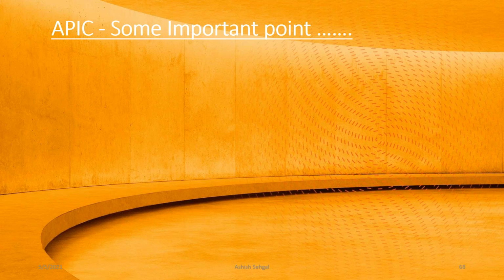Absolutely. And all these images are installed in the controller itself. So it is the controller which diagnoses the leaf and the spine switch and pushes these images to the leaf and the spine as the model requires.